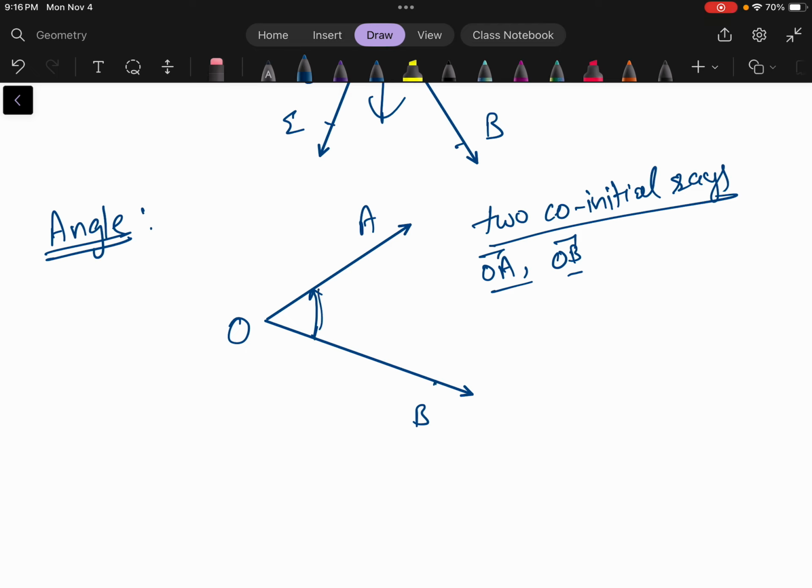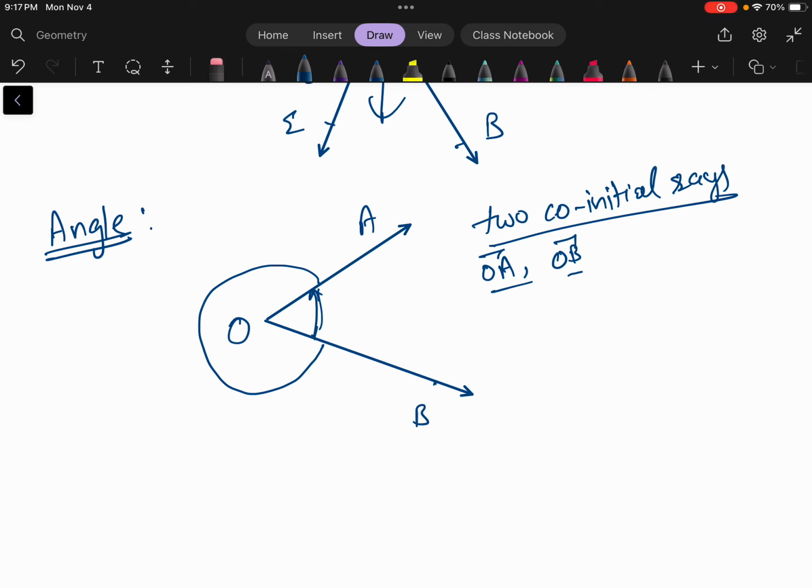Whatever the enclosed angle in between them, this is known as the angle. Clear? So we have two angles here. One is the interior angle, that is inside here. Another one is the exterior angle, that is outside. Clear?